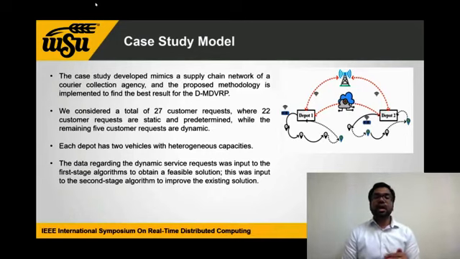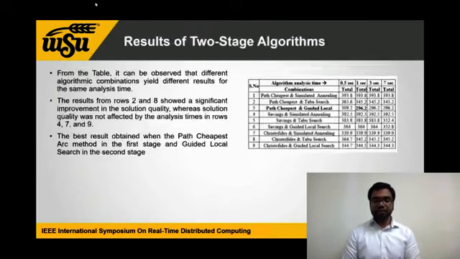The data collected for the dynamic service requests is based on a two-stage algorithm, where the first stage obtains a feasible solution, and the output of the first stage is fed as input to the second stage algorithm, thereby helping to improve the existing solution.